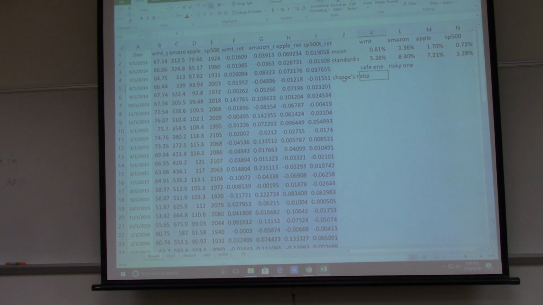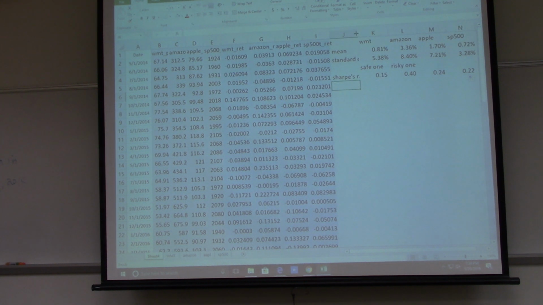What it is, you just look at the average return divided by the risk. Okay, so the higher the better.